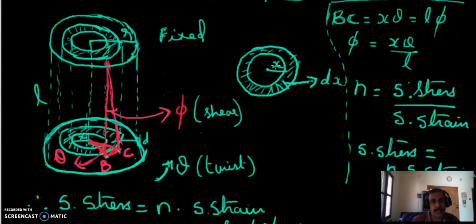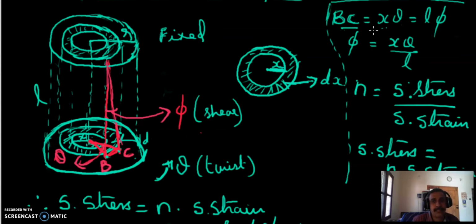Now we can write the arc length BC as the radius multiplied by the angle subtended. BC is the radius of the small elemental cylinder x, therefore x into theta will be BC.